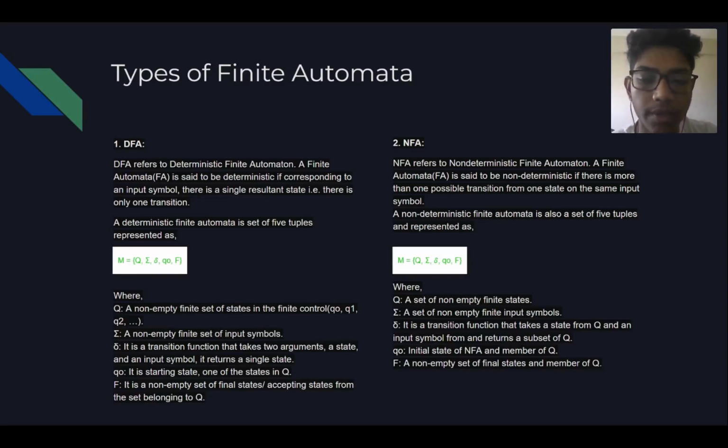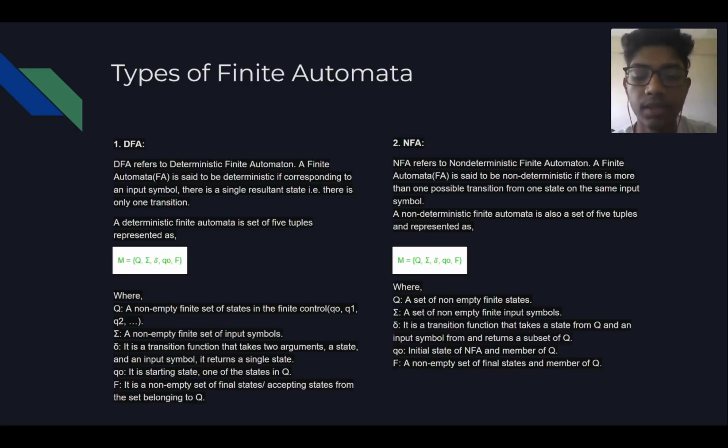A deterministic finite automata is a set of five tuples represented as M equals Q, sigma, delta, q naught, and F, where Q is a non-empty finite set of states in the finite control. Sigma is a non-empty finite set of input symbols.